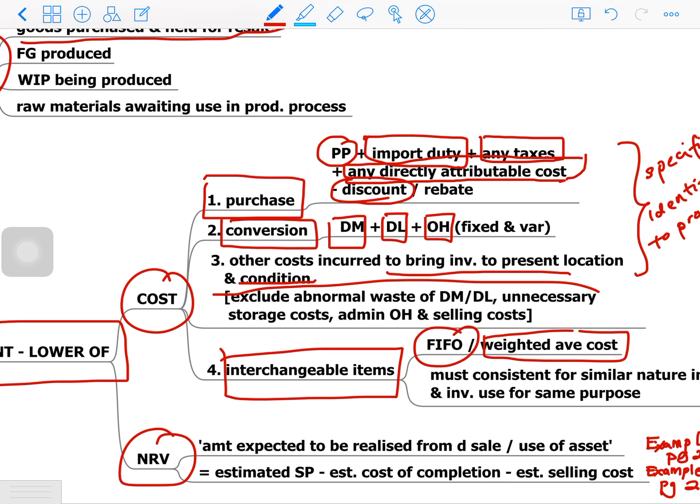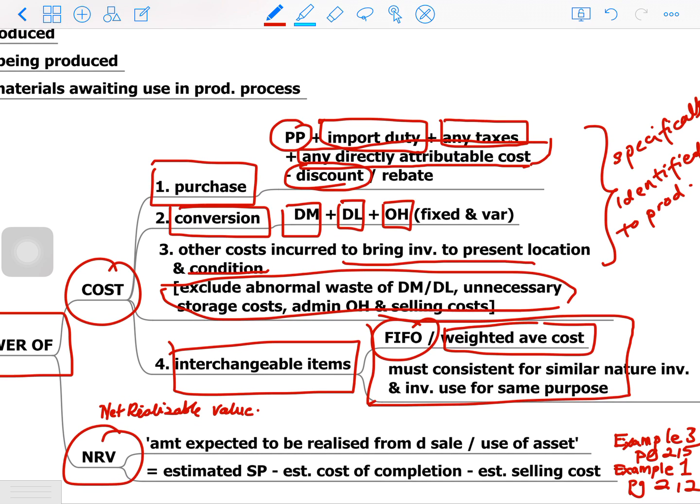So what is net realizable value here? What does it mean? Net realizable value here is the amount expected to be realized from the sale or use of the asset. Maknanya it consists of selling price, estimated selling price, minus estimated cost of completion, and minus estimated selling cost.